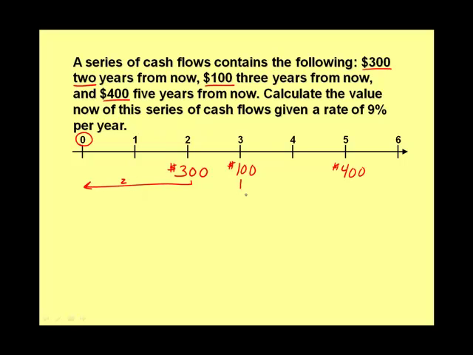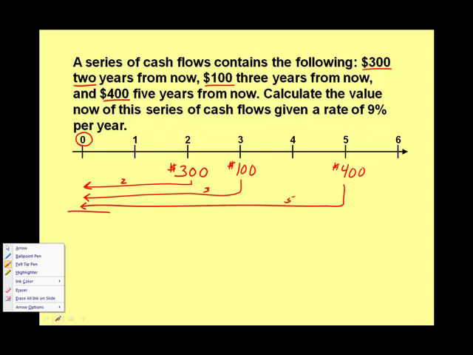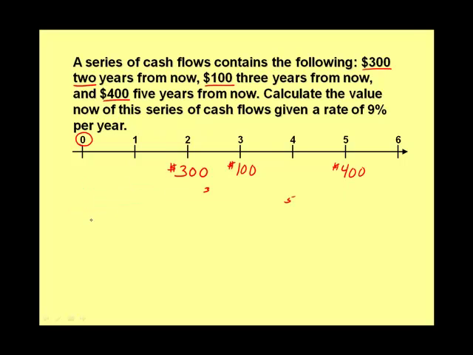The $100 will be discounted back 3 times, and the $400 will be discounted back 5 times. We add all those together and we'll get the value of all of those as a group in that series. So let me go ahead and erase my line so I can have room to work.